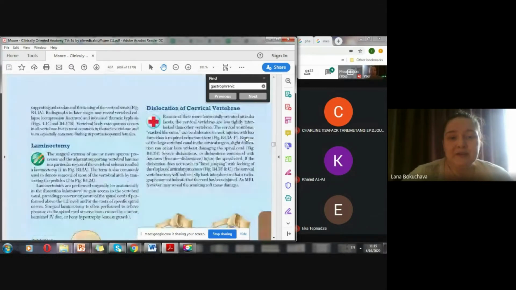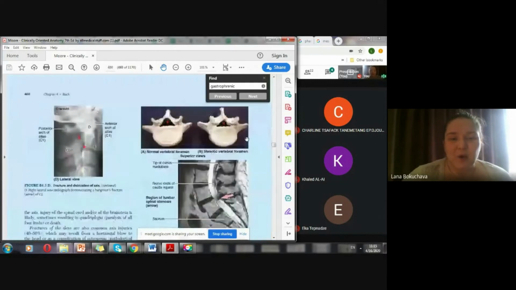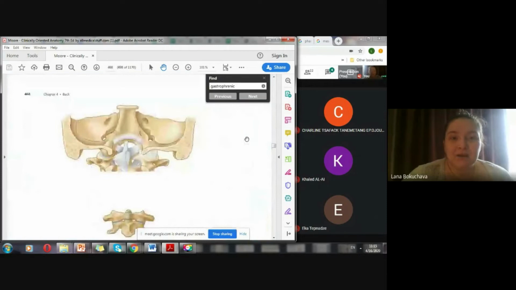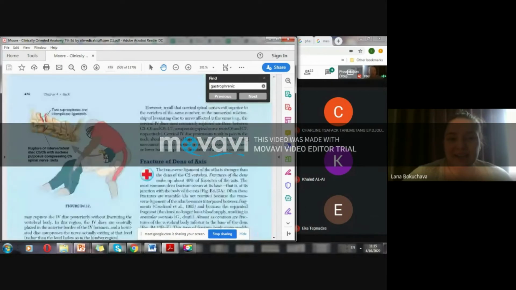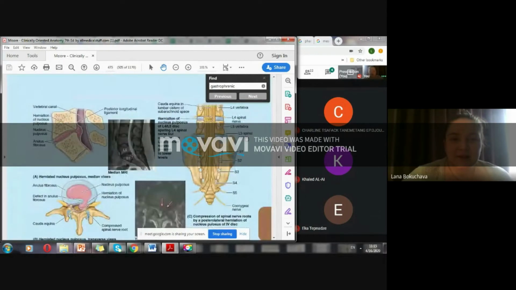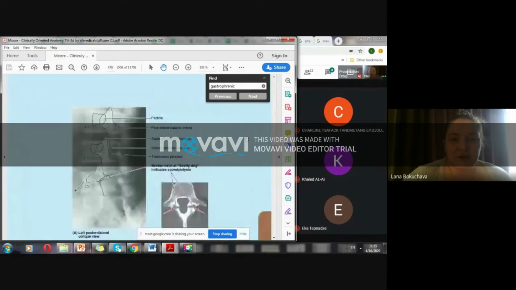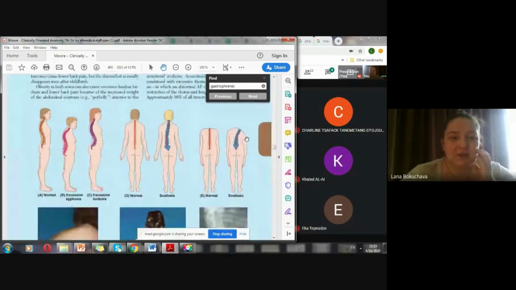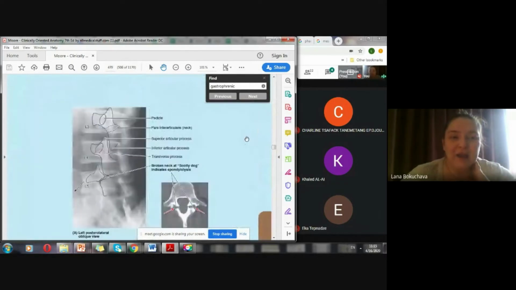Let me show you this part. I believe it was somewhere here, if I remember correctly. Just a second. Here we have a nice clinical correlation for that. This is the herniation, I've talked about that. Not this one, not this one. Just a second, please. We have the puncture.